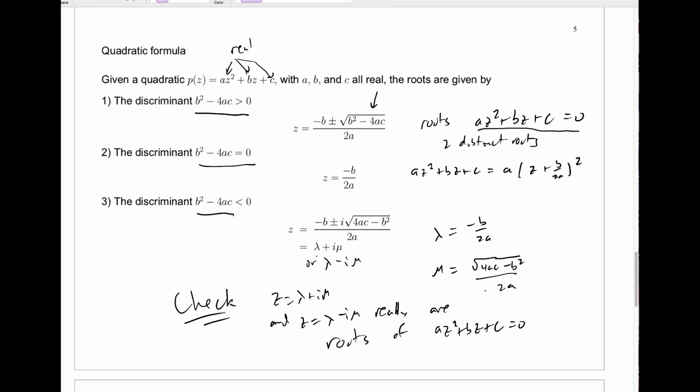How would you check? You just write down lambda plus i times mu, use the rules for complex number multiplication and figure out what z squared is, and multiply a times z squared plus b times z plus c. Check that it all works out. It's a good exercise if you're not familiar with playing around with complex numbers.